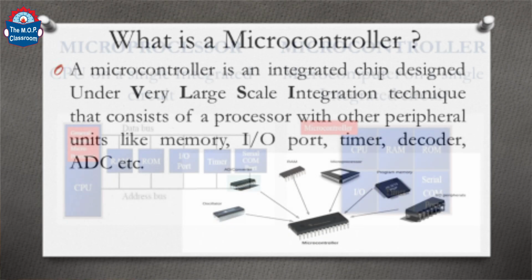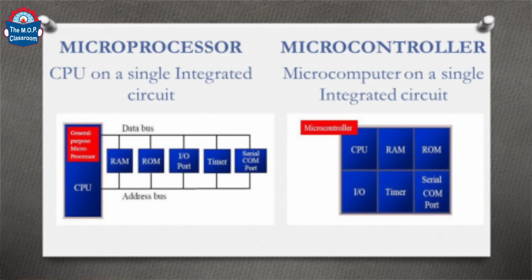Now, before going to study the characteristics of a microcontroller, it is better to see how it is different from a microprocessor. A microprocessor is again an integrated circuit, a single chip processor. So, how is it different from a microcontroller? If you consider a microprocessor IC, it has only the CPU.